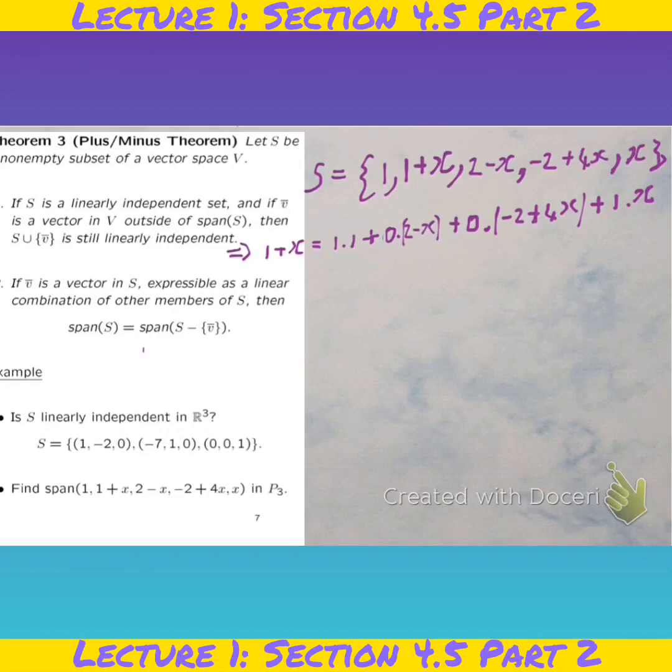So it's a linear combination of those vectors.